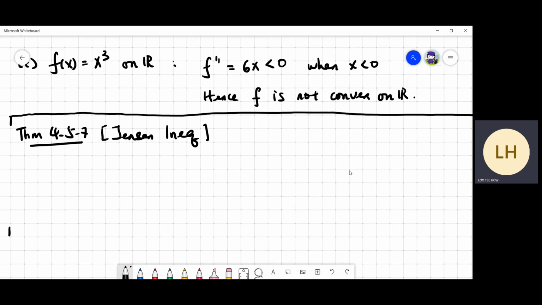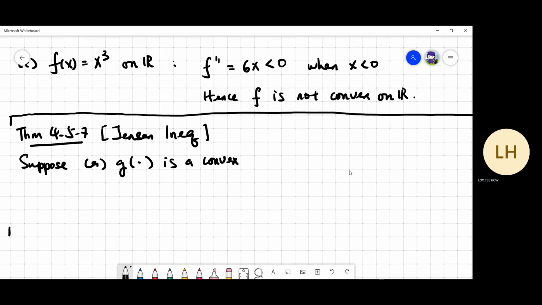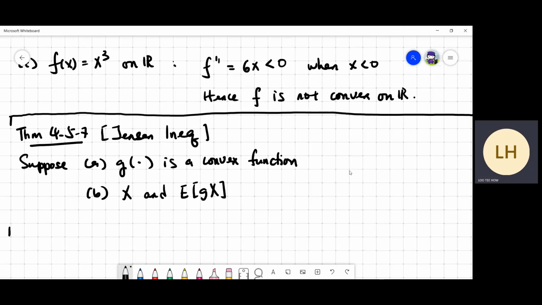There are these hypotheses. Suppose A, g is a convex function. And B, X and g(X) are integrable. What's the meaning of integrable here?